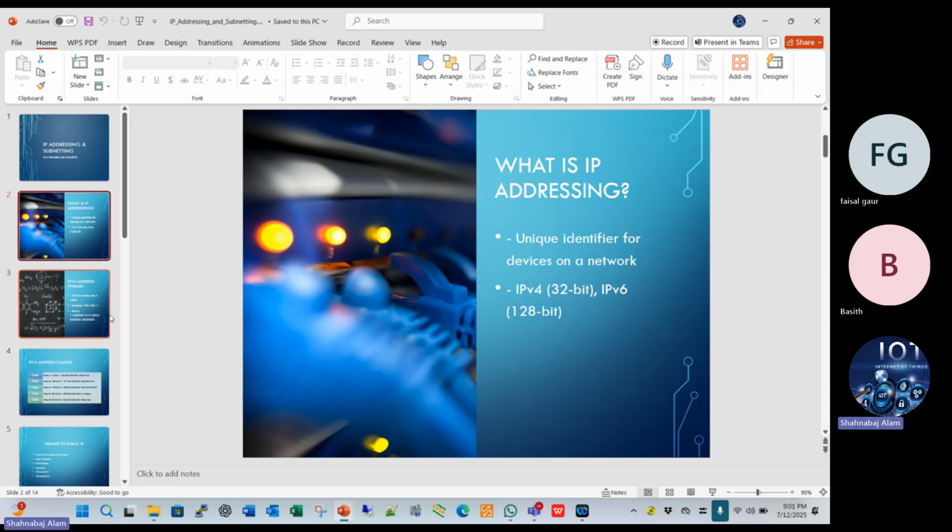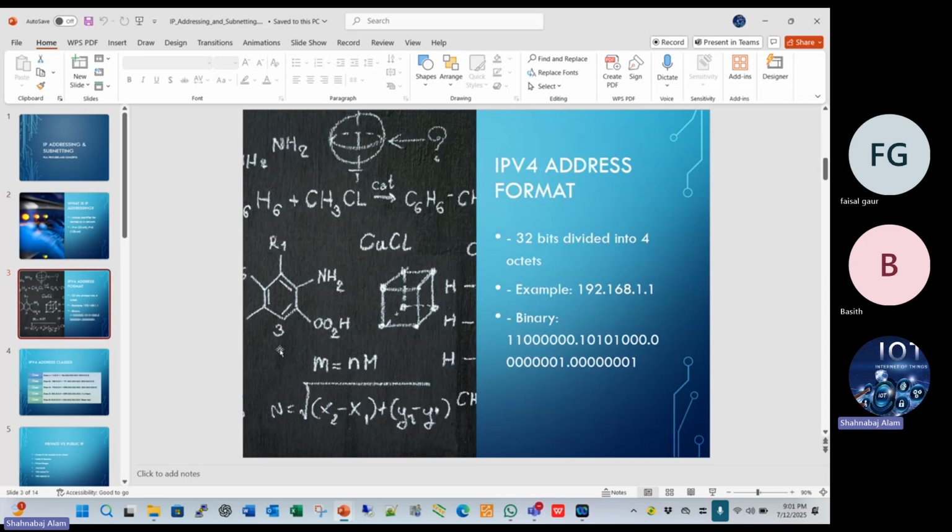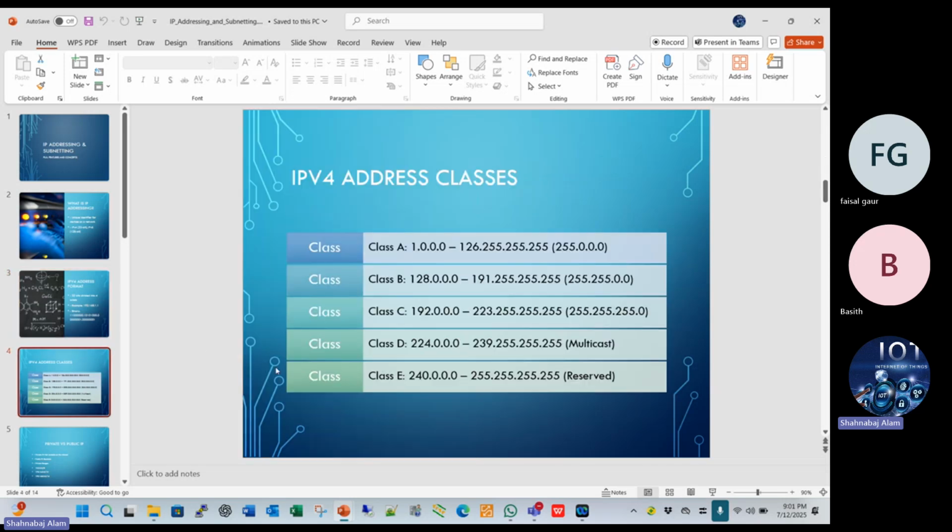So go to the next slide, and we will also discuss this. First, we will discuss the IP version 4 classes. There are 5 classes of IP version 4.